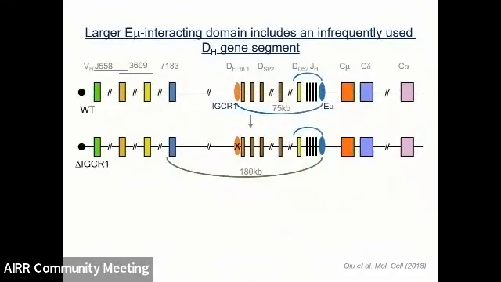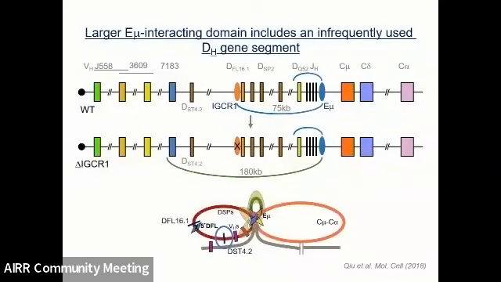So what are the consequences of doing this? One of the consequences is that this larger interaction of the enhancer on IGCR deleted alleles now incorporates a D gene segment that is normally very infrequently used in VDJ recombination.